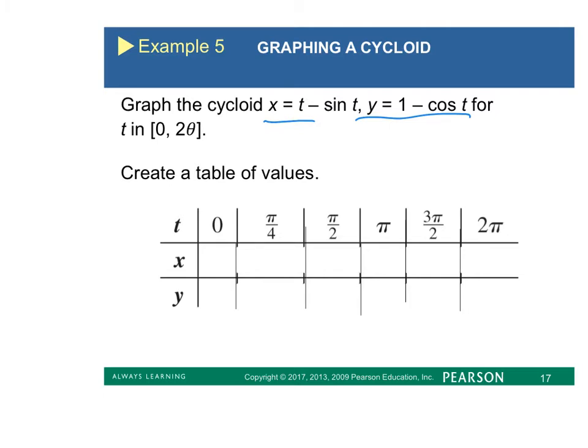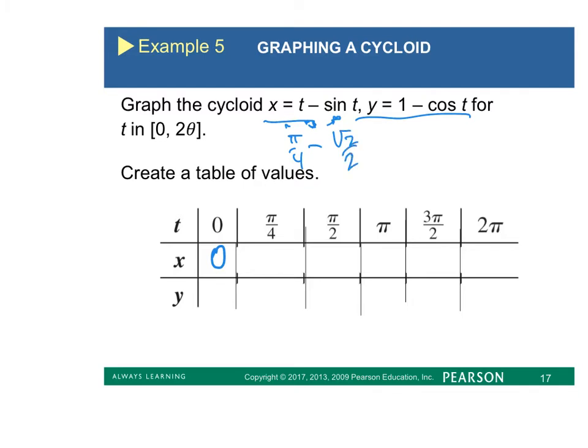And so if I plot the points for parametric, I'm going to plug in a 0 for t. Sine of 0 is 0. Then 0 minus 0 is still 0. Pi over 4 is that 45-degree angle. So in this case, you plug in the t, you're going to get pi over 4 minus sine of pi over 4, which is 1 over the square root of 2, or square root of 2 over 2.